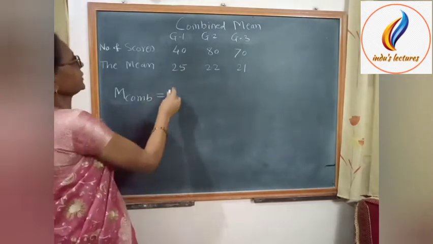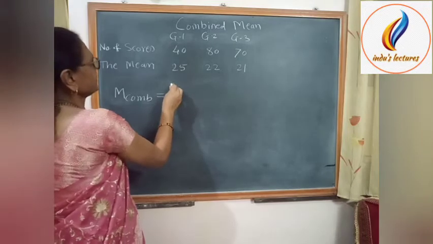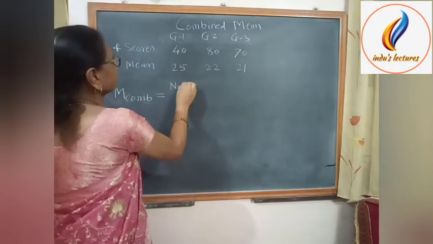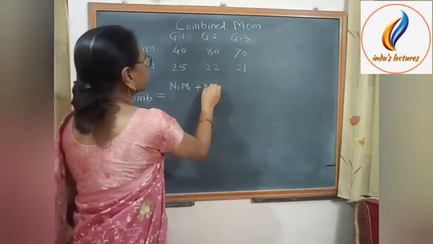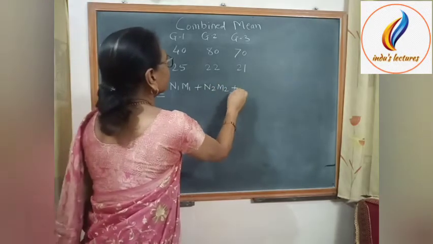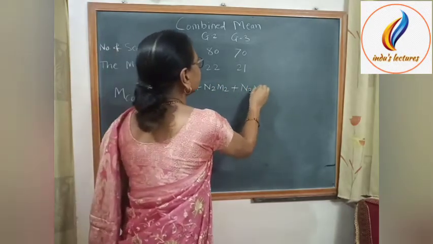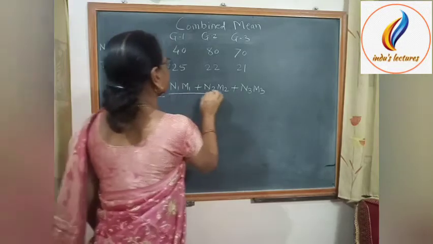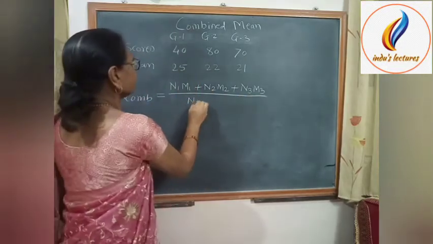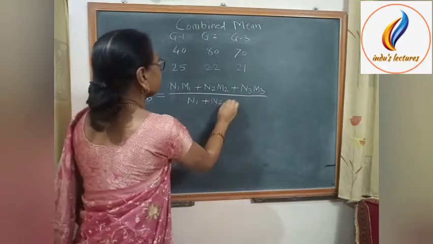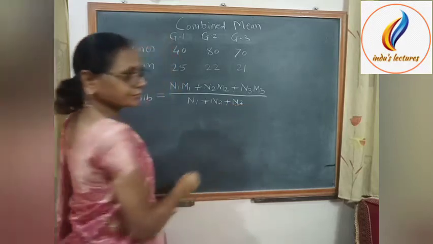Here three groups are given, so the formula is n1 m1 plus n2 m2 plus n3 m3 divided by n1 plus n2 plus n3.